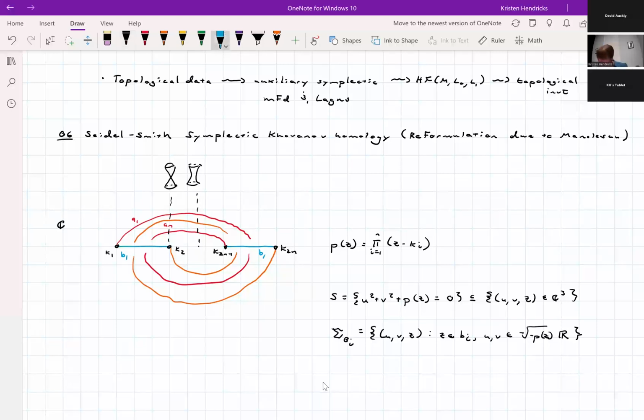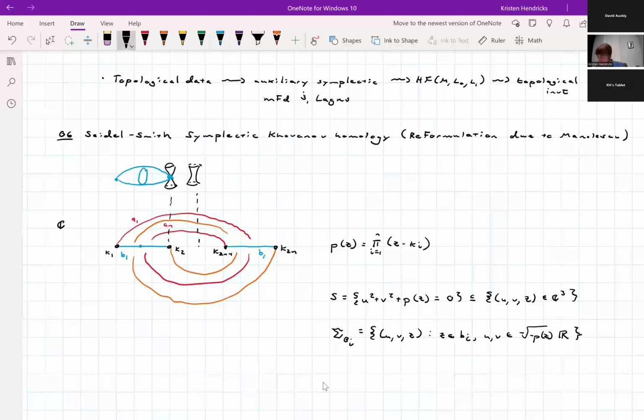And then above this blue line right here, over any point in the interior of the bridge, I have a circle that's cut out by this equation: U squared plus V squared is P of Z, and they lie on this line. But over each of the endpoints, I'm just right at this 0. There's a single thing that satisfies that because P of Z is 0. So a circle over every point on the interior and a point at the ends, it forms a sphere together.